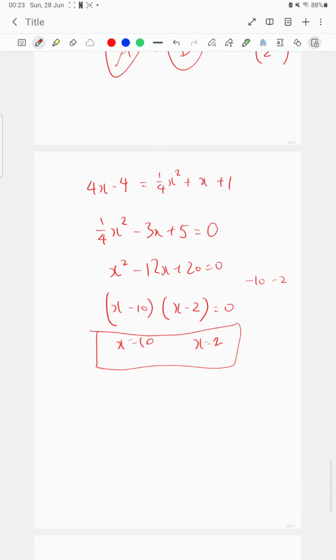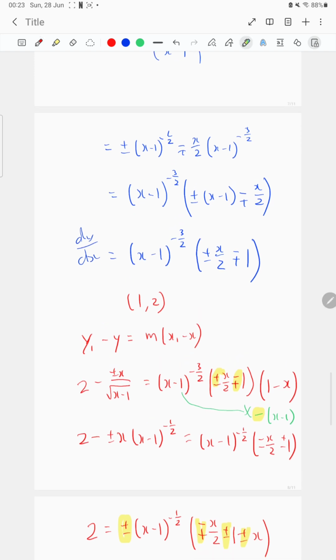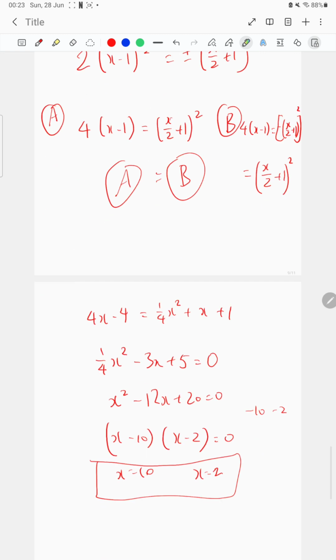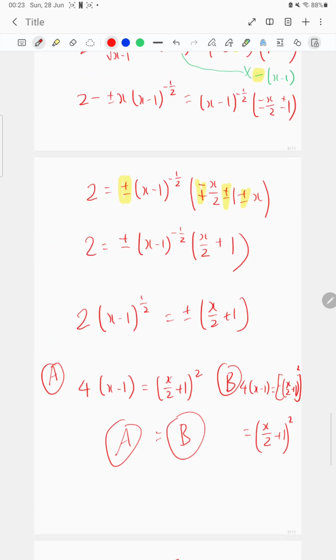So let's plug it back in because we already know x. Let's plug it back into this equation. Okay, y1 minus x over the square root of x minus 1 equals (x over 2 minus 1) times (x1 minus x). Oh yeah, by the way, I eliminated the plus and minuses.